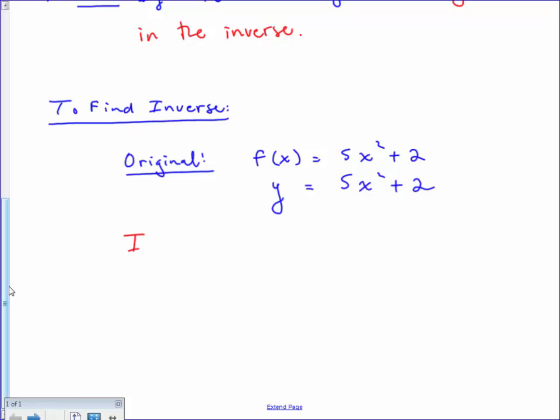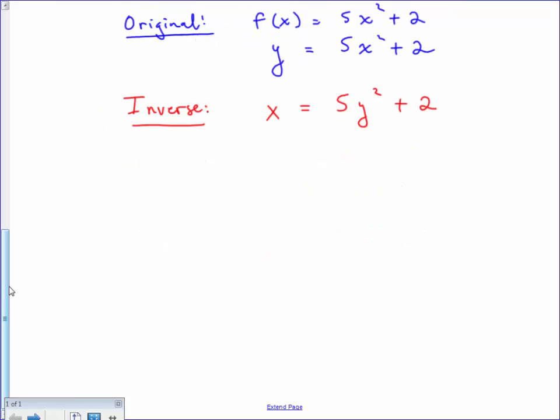Now, when we find the formula for the inverse, we switch x and y. So where the y is, we put x, and where the x is, we put y. Now, to finish, we need to solve that equation for y. So we would subtract 2. We have x minus 2 equals 5y squared.